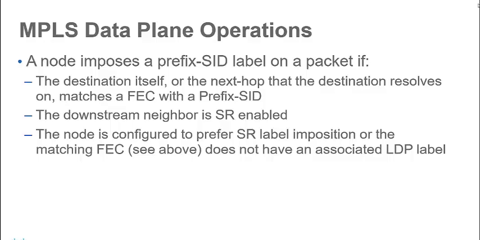So for each destination, there is going to be a prefix SID. If there is a prefix SID for a destination matched in the segment routing forwarding table, which is called the forwarding equivalence class, FEC, the packets are going to be routed using the label.